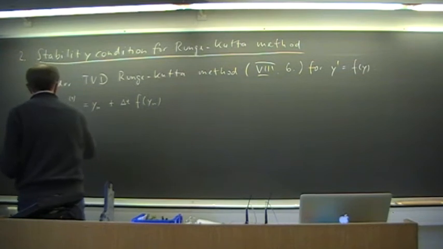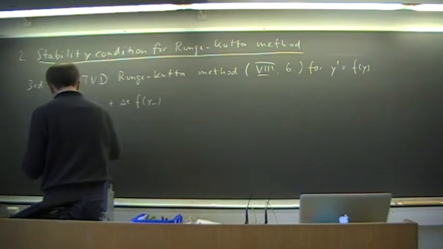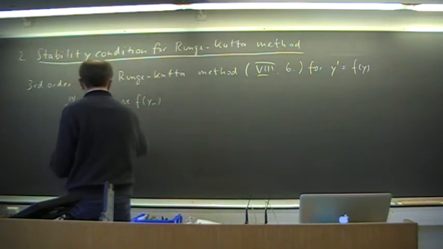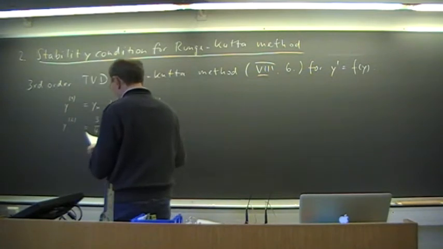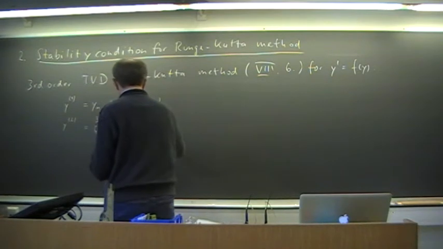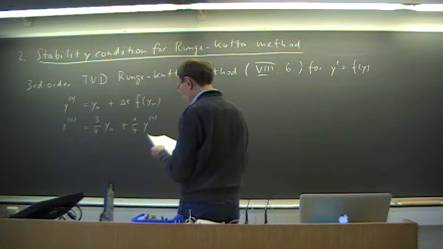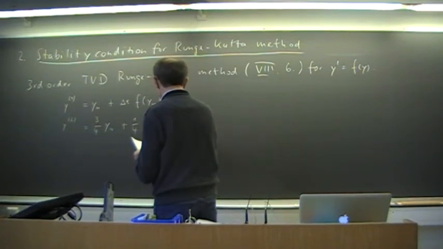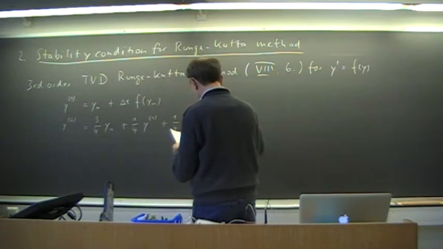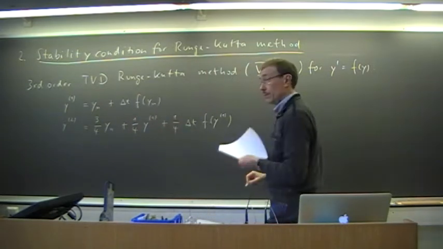Then the second stage, y superscript 2 in parentheses, is equal to 3/4 of the approximation at the old time level plus 1/4 times the value that we get from the first stage plus 1/4 times the time step times the right hand side evaluated now with the first stage.